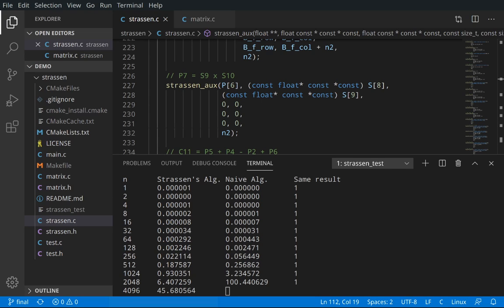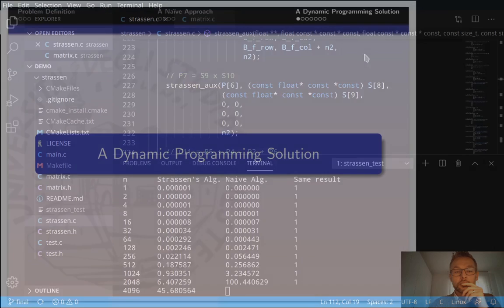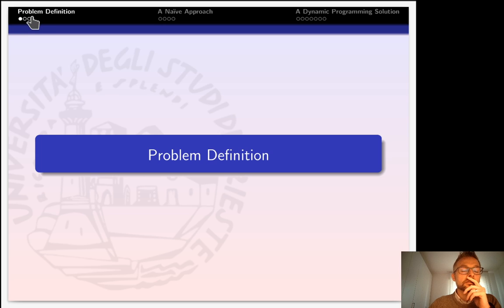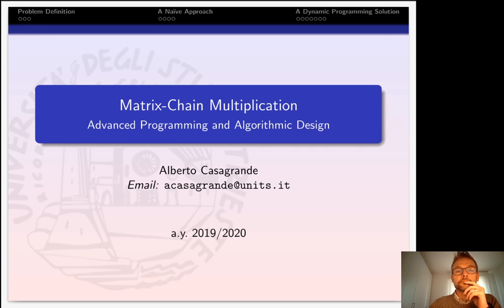Let's move to the next topic then. The next topic is the matrix chain multiplication.